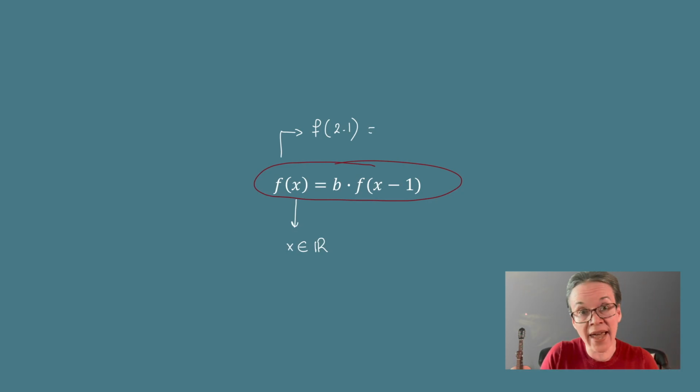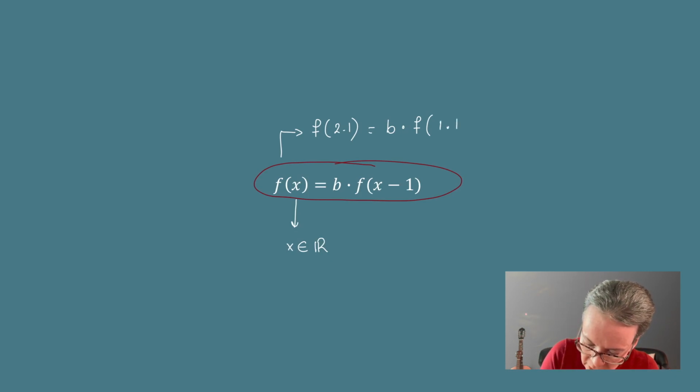Then I know that f of 2.1 will be equal to b times f of 2.1 minus 1. That's going to be 1.1. So the hope here is that you're going to know the common ratio and you're going to know the previous y value. And in that way, you can generate the new y value at 2.1.